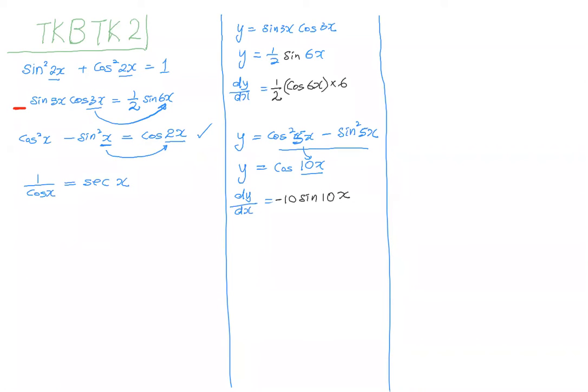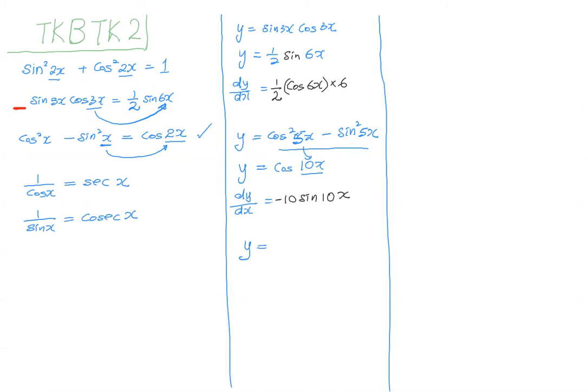So next time, if the question asks you to differentiate sec x, you have to change it to 1 over cos, then only use chain rule to do. So remember, sec x is 1 over cos x. 1 over sin x is called cosec x.